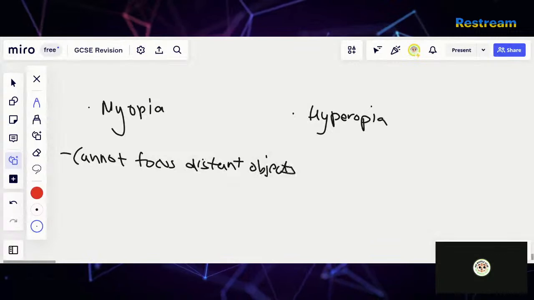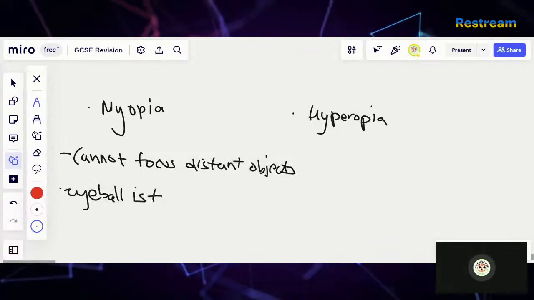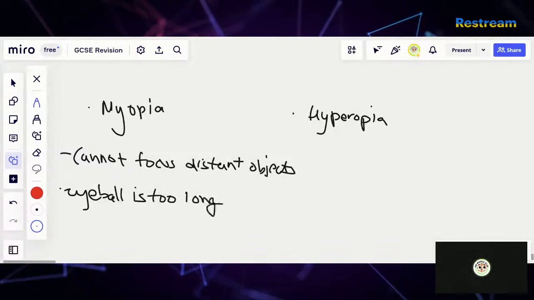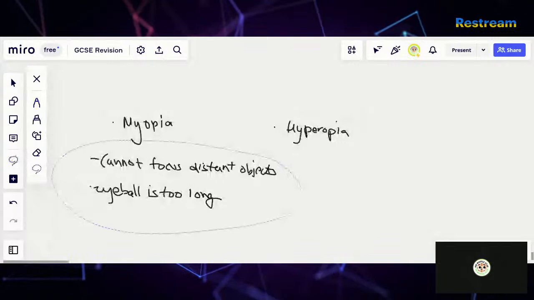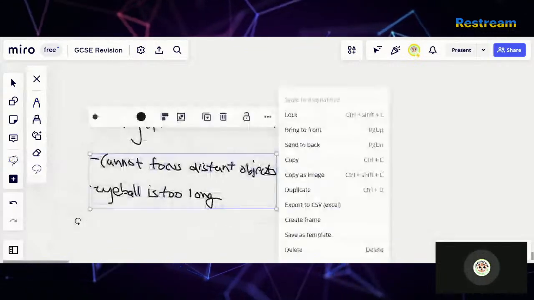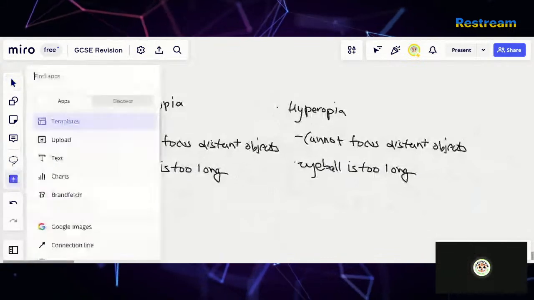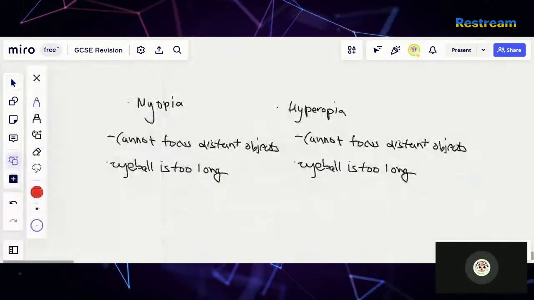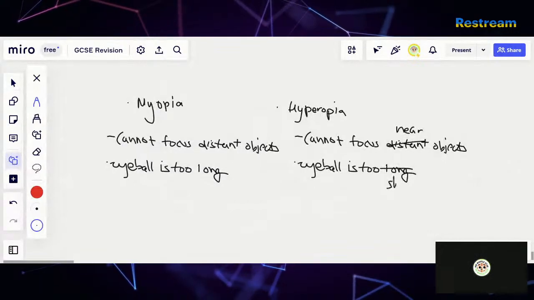The reason why is because the eyeball is too long. Now what you need to do is say the same exact thing for hyperopia, except you'll say you cannot focus on near objects, and you say the eyeball is too short.